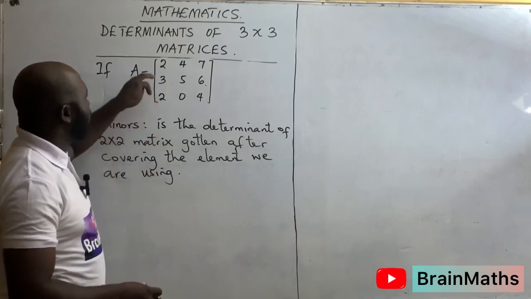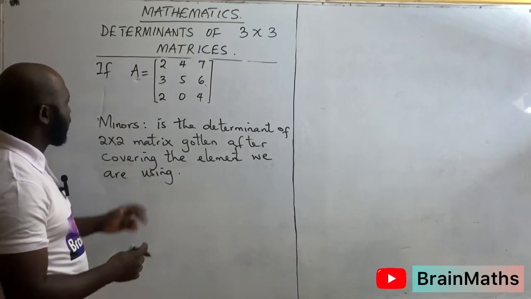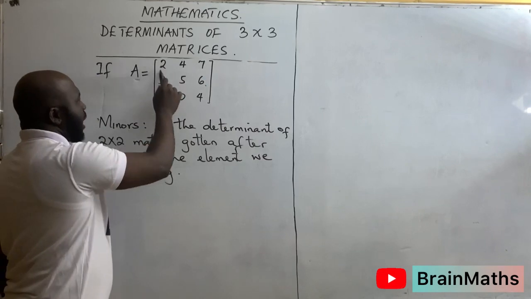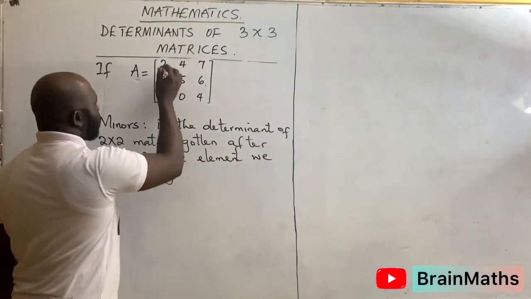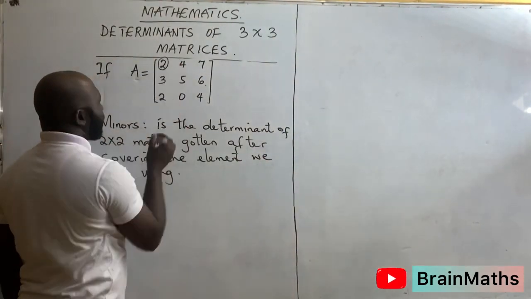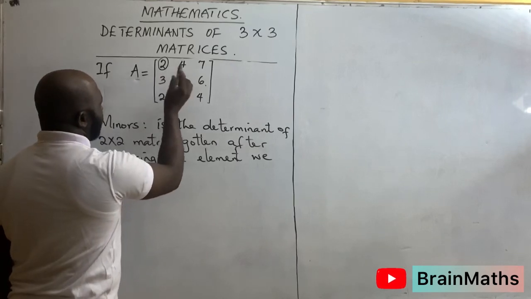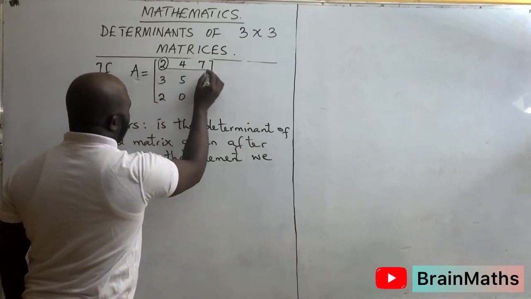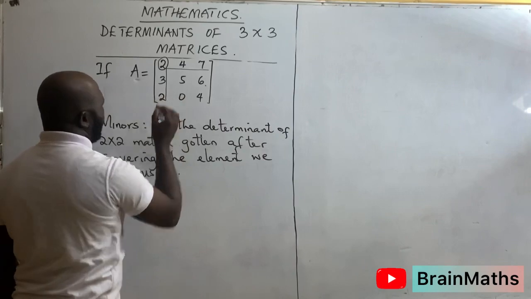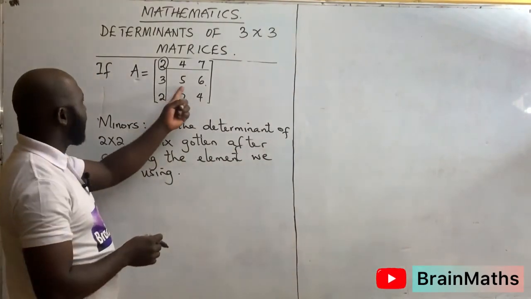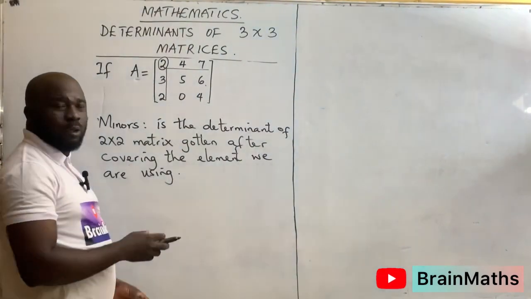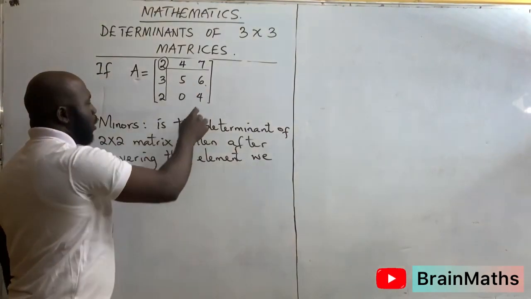Now, after covering the elements we are using, assuming we are starting with row 1 and I have covered 2, then you cover the row and the column of that 2. The remaining elements that are left will be a 2 by 2 matrix.